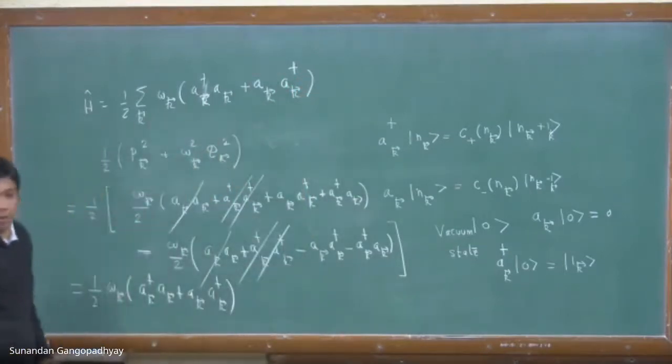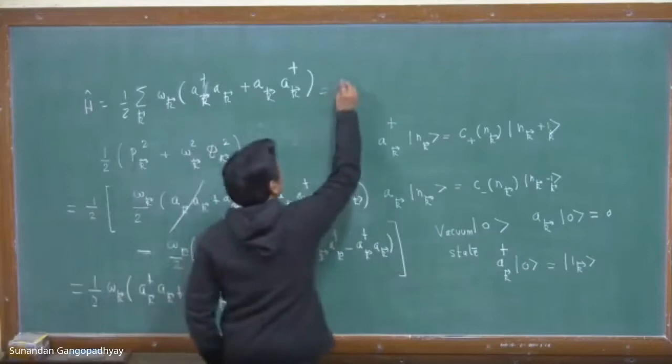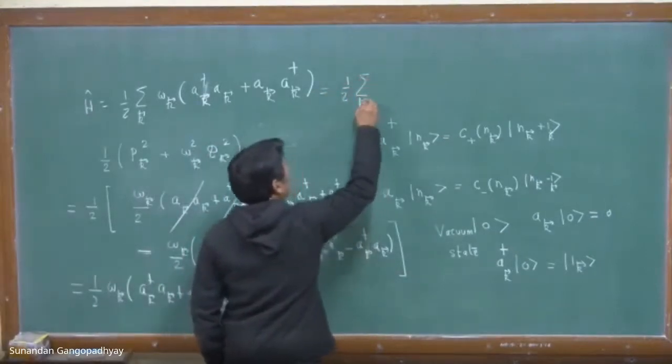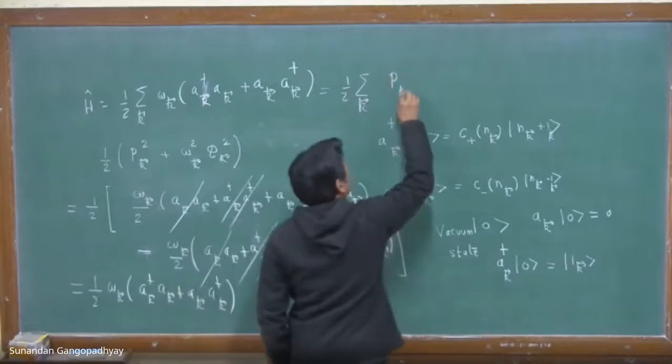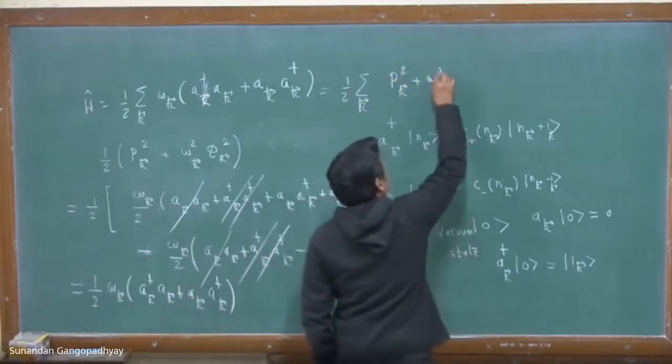This is the Hamiltonian operator. Therefore, you can see that since this is equal to this, you can write this as half of summation over k pk square plus omega k square.